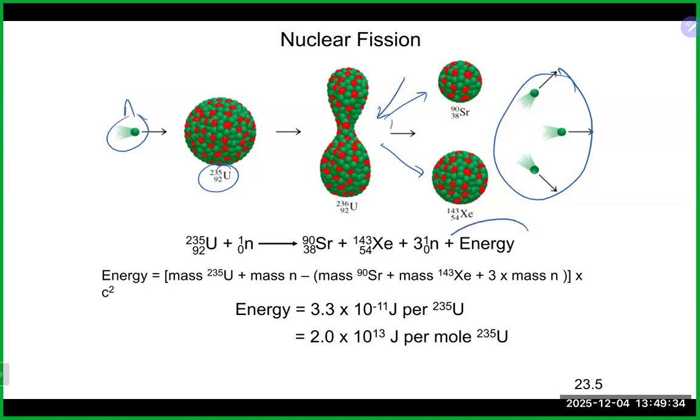And most importantly, as you can see here, a lot of energy will be produced as well. And again, that is essentially the reaction used in things like nuclear power plants, they use fission reactions. And again, it just generates a lot of energy through this reaction.